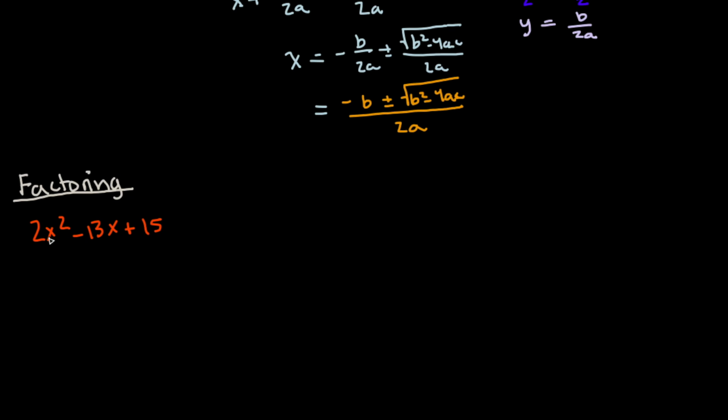But the way we factor this is that we find a value where the first coefficient, and the constant term, we multiply those two together. So when we do 2 times 15, of course, this is equal to 30.